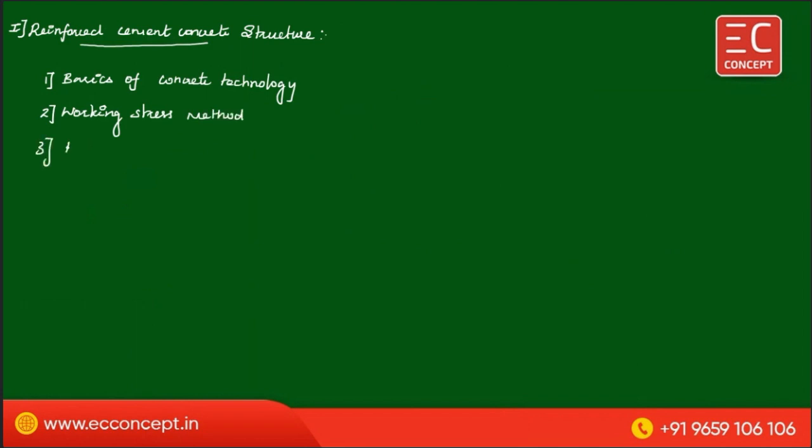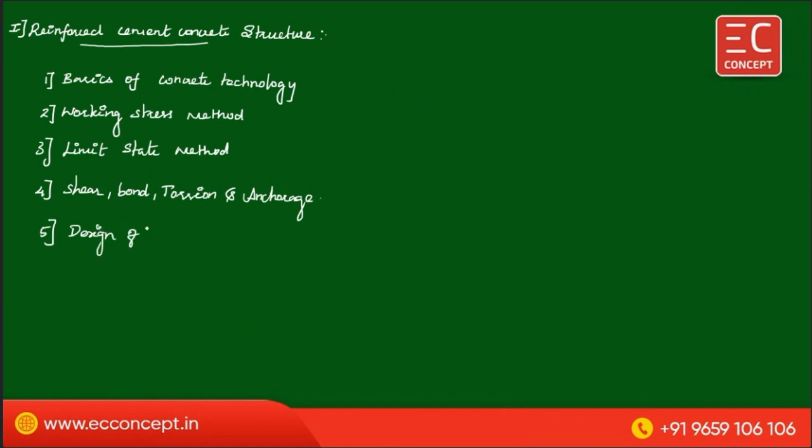Third one is basics of limit state method, and the fourth one is shear, bond, torsion, and anchorage. And the fifth one is design of slabs. Sixth one is column.